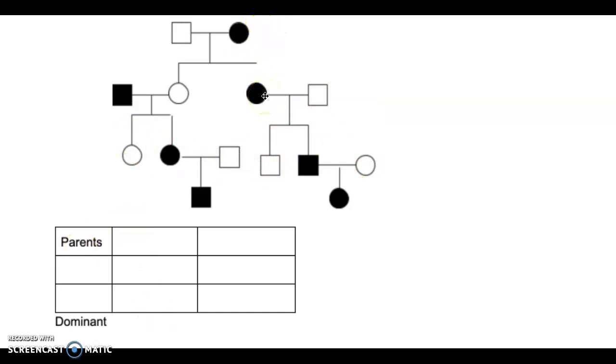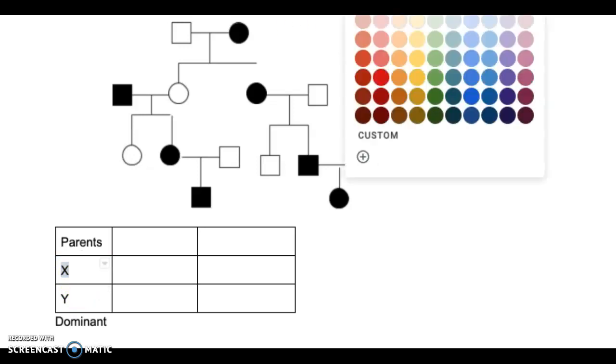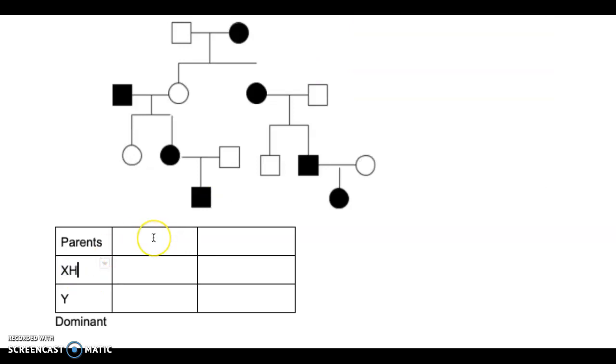So just start with any family really. We'll go with this family here. So we've got a dad who is infected with a dominant X. So we'll put a little H next to it. And we've got a mum that is not infected. So she must have 2 recessive X's if it's X-linked.